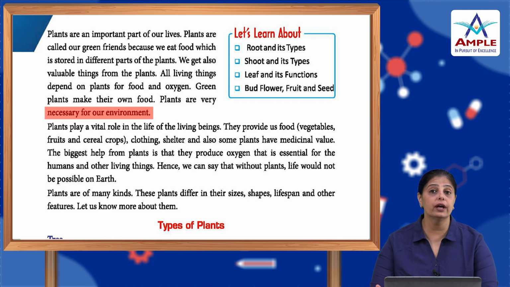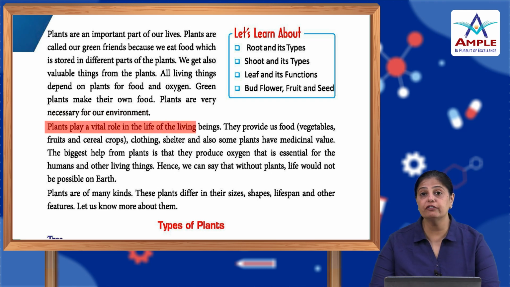They are called our green friends because we eat the food that we get from the plants. Now green plants make their own food. We are all dependent on plants for the air, the oxygen that we inhale, which is a major part for our survival. Now, plants play a vital role for the life of the living being.